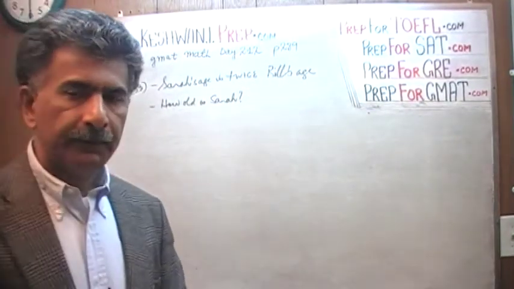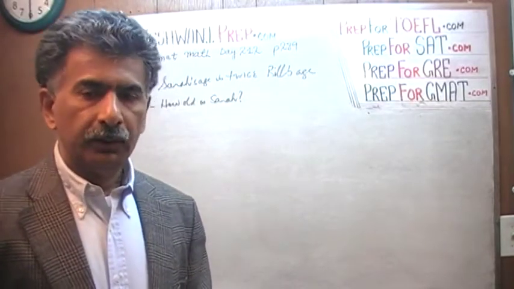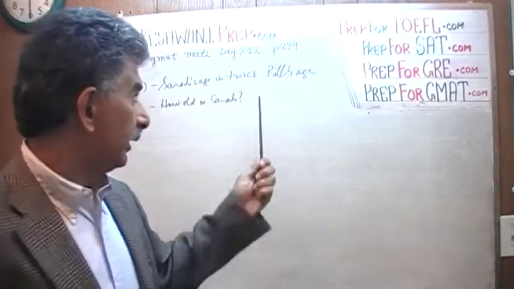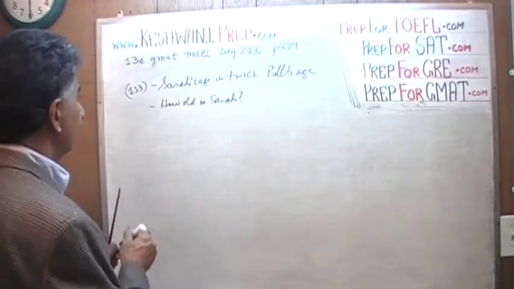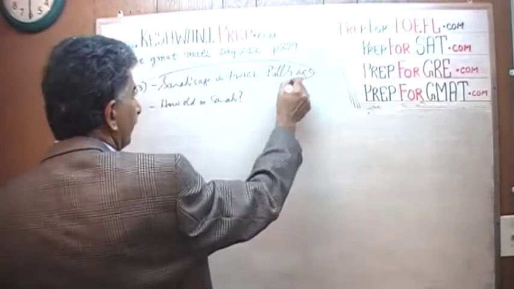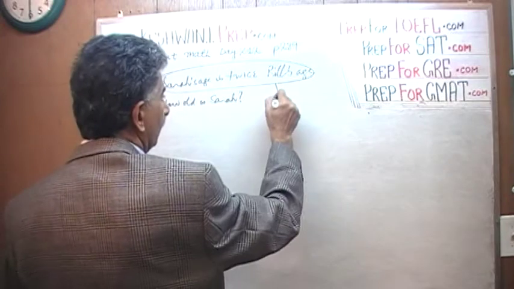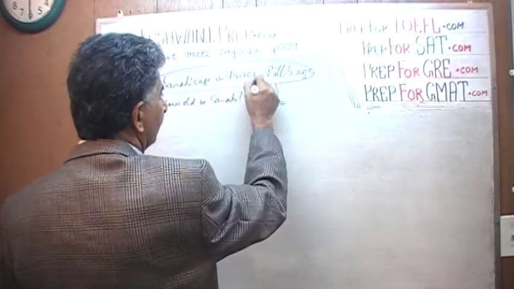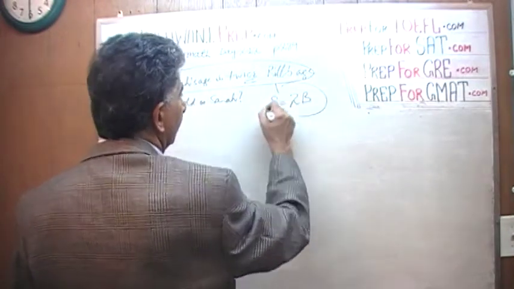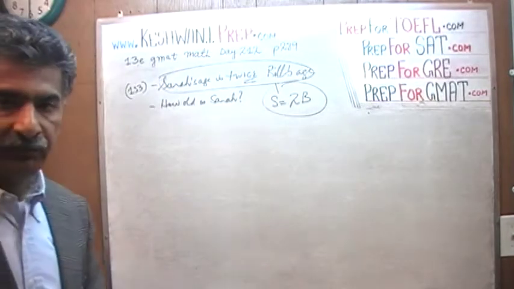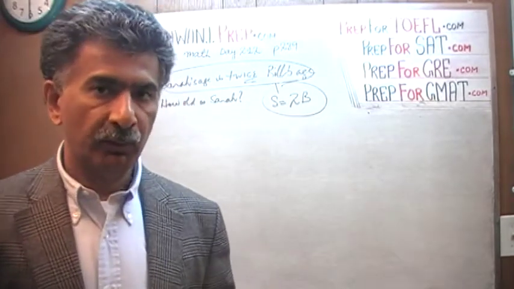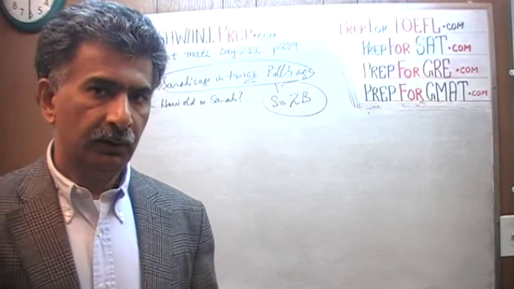There are two unknowns, and therefore we need two independent equations. They have already given us one equation. Right here is one equation. This sentence is our first equation. Sarah's age, we are told, is 2 times Bill's age. That's our first equation.